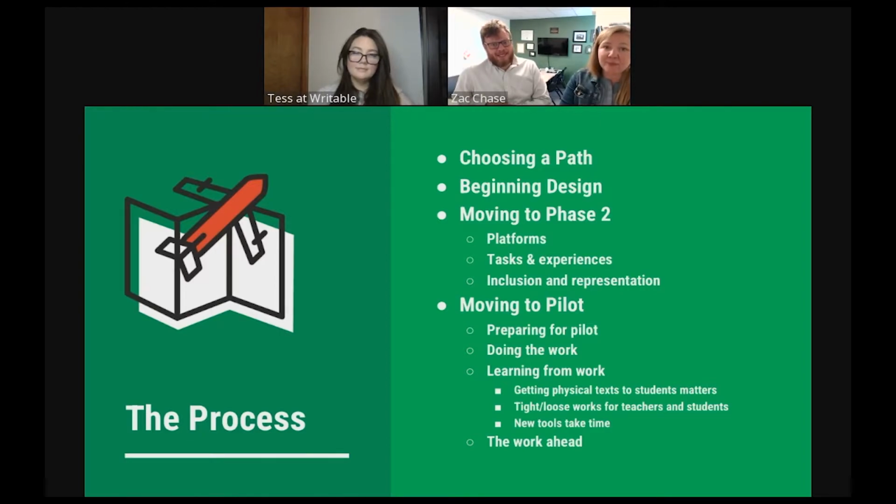And then we began the design process. We started by putting out a call for design team members instead of adoption committee members. So design and team were very important words there. In our first meeting, we chose a modified version of Wiggins and McTighe's Understanding by Design.